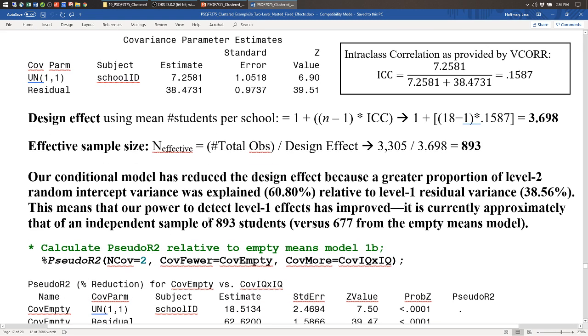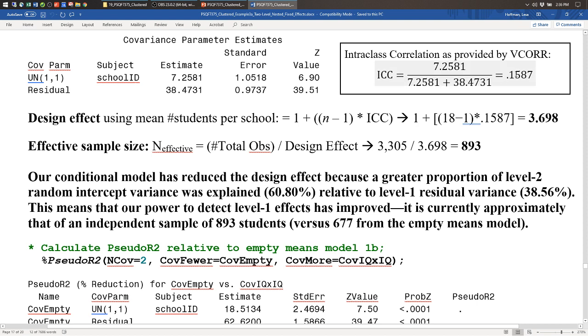Now that this is the last model I'm fitting to these data, I wanted to go back and calculate an intraclass correlation and a design effect. So this is what's known as a conditional intraclass correlation. It is the proportion of group variance that remains relative to the total variance that remains.